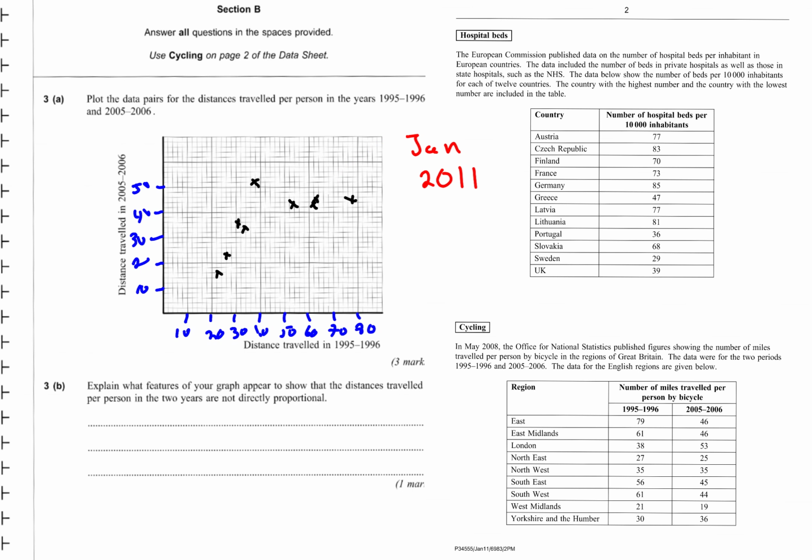Now if I look at this graph, I cannot draw a straight line on any of the points. Also if I do try to draw a straight line, I think these 3 are in a straight line. If I try to draw a straight line here, it doesn't go through what we call the origin, which is 0, 0. So here it says, explain what features of the graph appear to show that the distance travelled in the 2 years is not directly proportional.